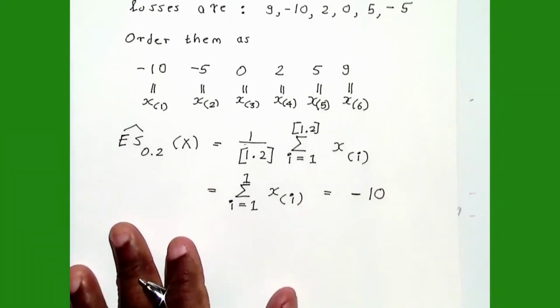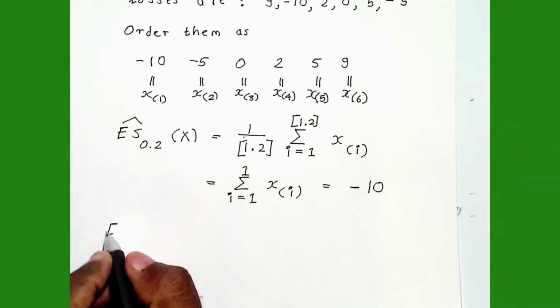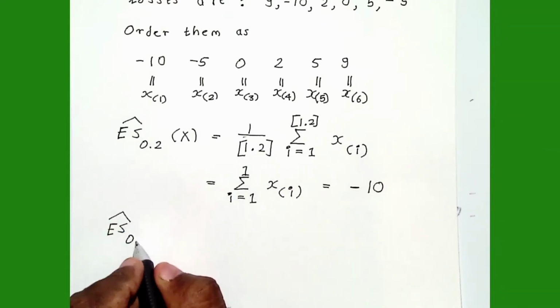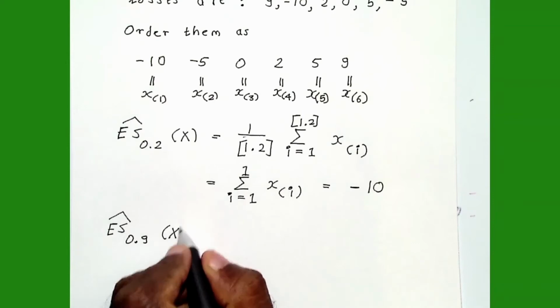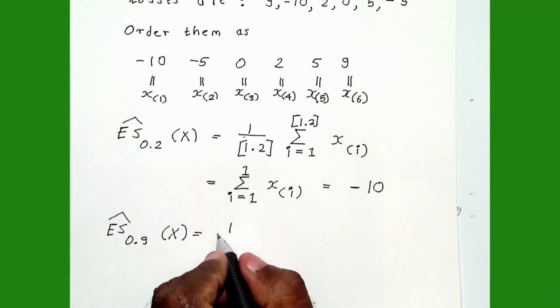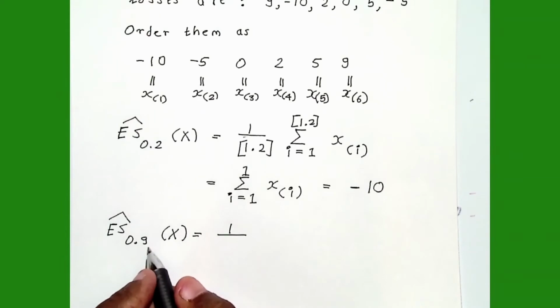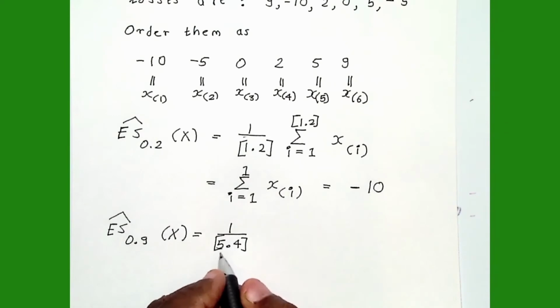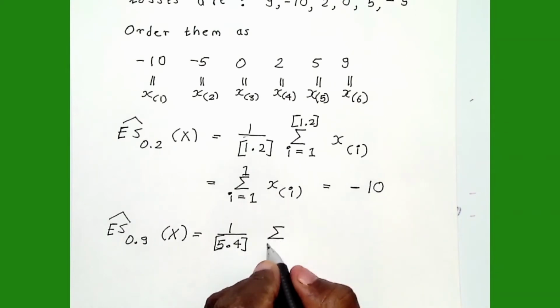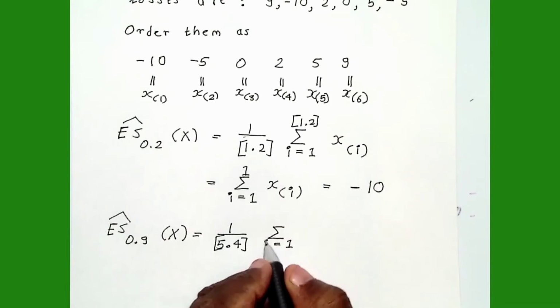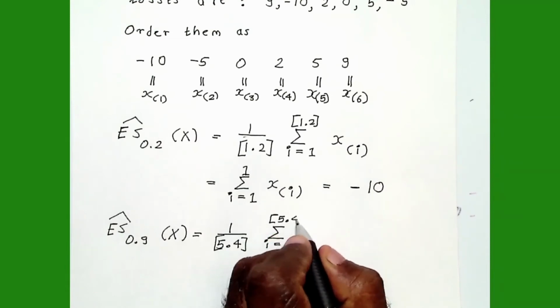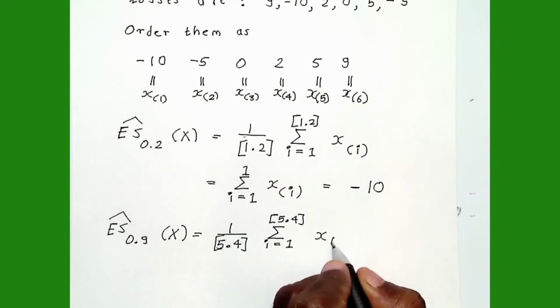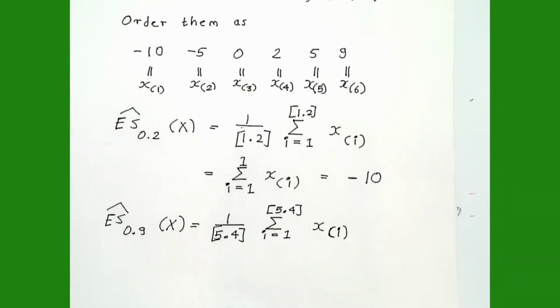Now suppose you want to find the expected shortfall at 0.9. In this case, it will be 1 divided by the integer part of n times p, which is 0.9 times 6, so 5.4.